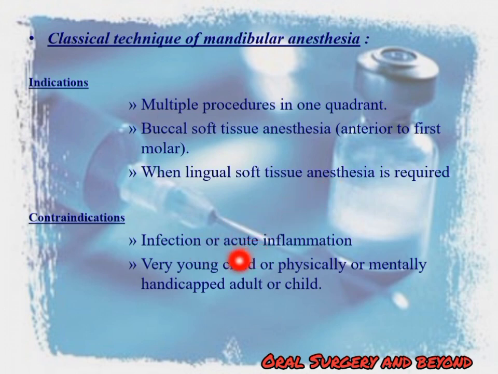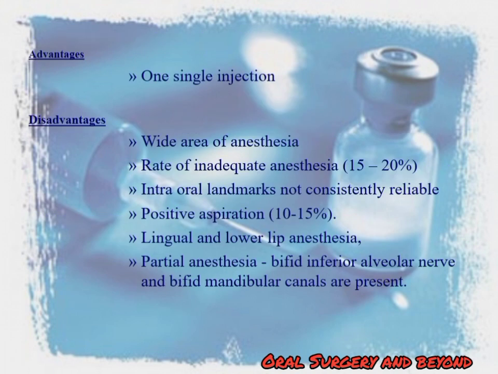Contraindications are acute infection in the pterygomandibular space, and it will not work well in a mentally retarded person. We should avoid it as the tongue is anesthetized in this procedure. The advantage of this method is that it's a single injection technique, which is very useful in patients with anxiety about needle pricks.